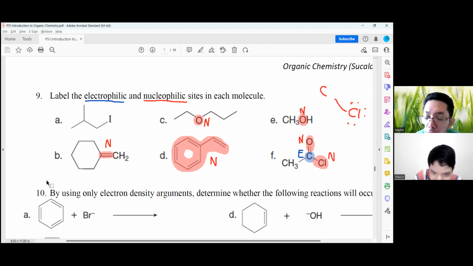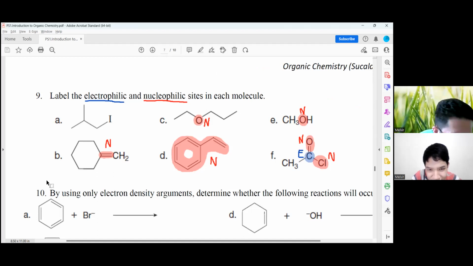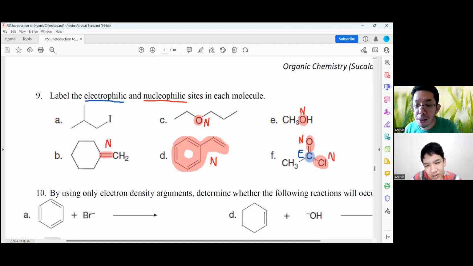Mapuputol lang yung bond niya with the carbon. Can it easily donate? Doon ka mapapatanong ngayon kung nucleophilic or electrophilic din siya, no? It doesn't necessarily mean if you have a lot of electrons or lone pairs, nucleophilic site kagad siya. Okay, for Cl, for H. Maputol po siya if may H po. Kasi what I'm saying is, meron kang lone pair.